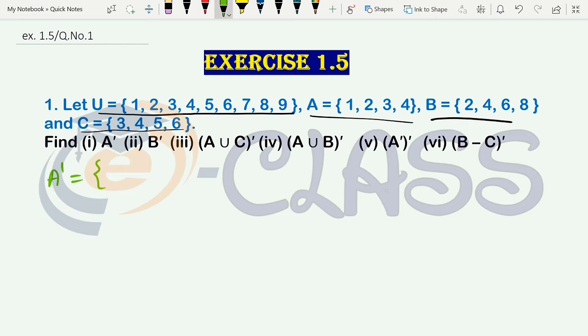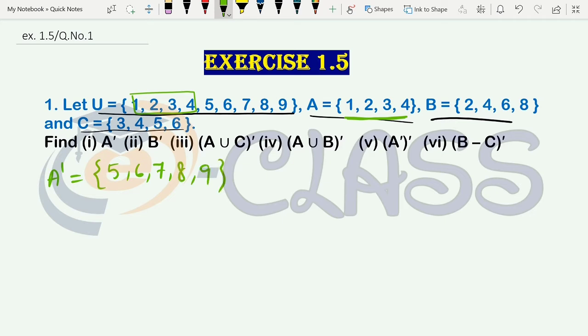So just ignore 1 2 3 4 in the universal set and write the rest of the elements. The remaining elements are 5 6 7 8 9.